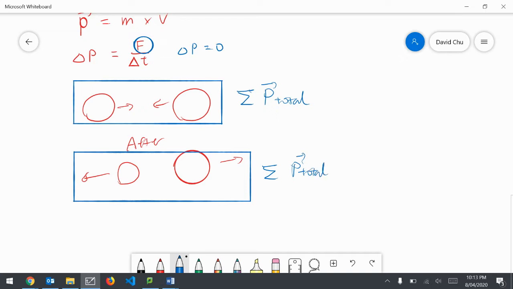Now, this symbol is called summation. You don't need to know it, it's a mathematical thing, but it just means the total of P of body A and P of body B. There might be momentum exchange between the two, but the total momentum should be the same.